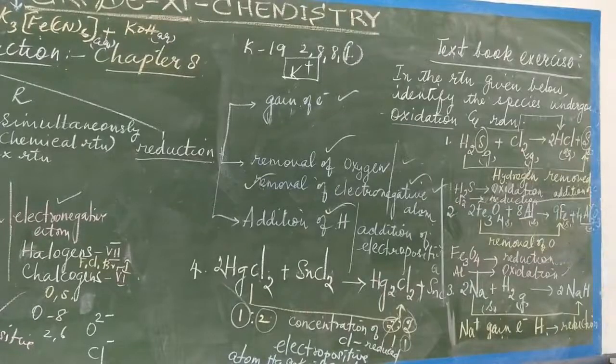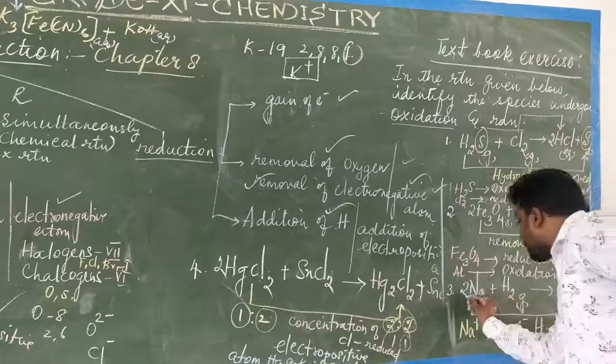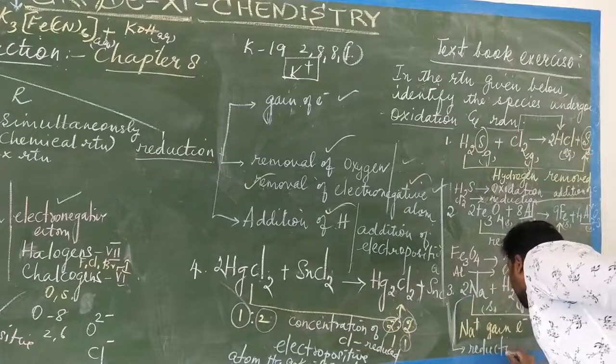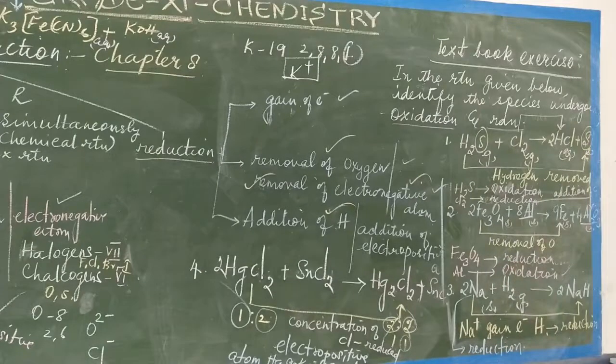So what has happened? This sodium combines with this hydrogen and gives rise to the formation of sodium hydride. So here only the reduction has taken place. Why do we call this reduction? Because Na+ gains an electron, so it becomes reduction. Na+ attains one hydrogen, and as a result it becomes a reduction.